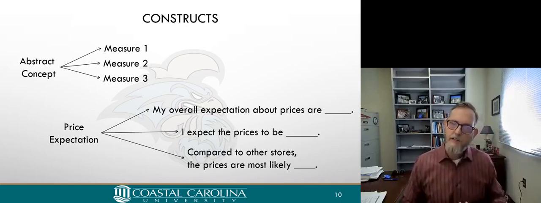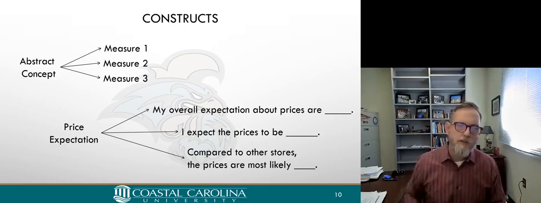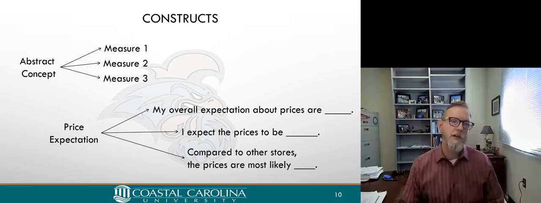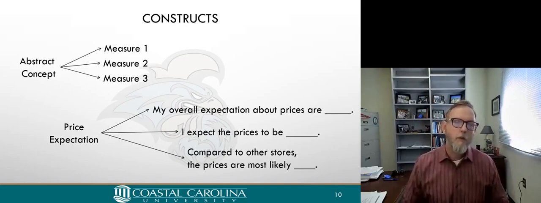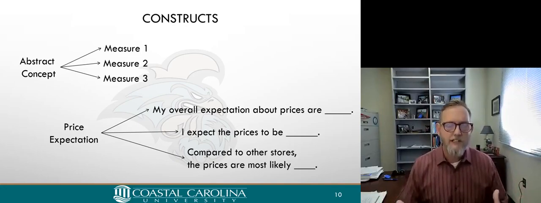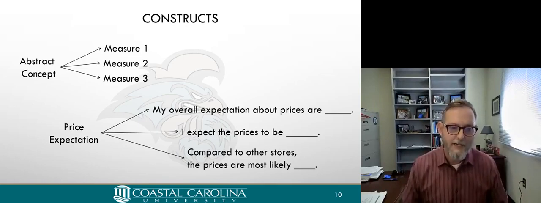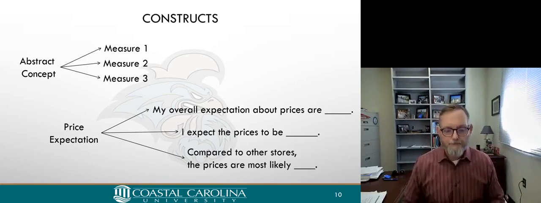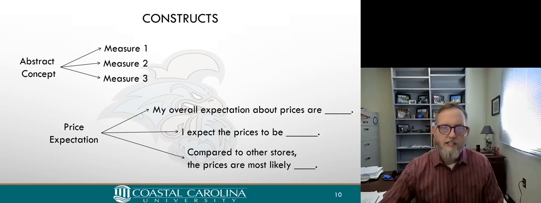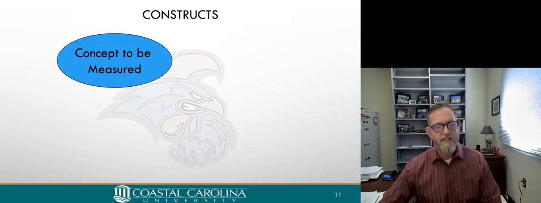And so this is where you're measuring parts of price expectation with all 3 questions. If you were to eliminate one of these questions, you would not be measuring price expectation with as much fullness, with as much in its entirety. So we need all of them in order to measure this item.